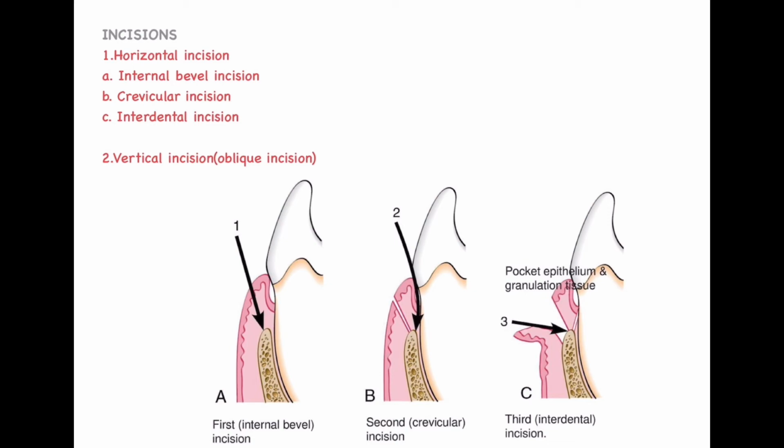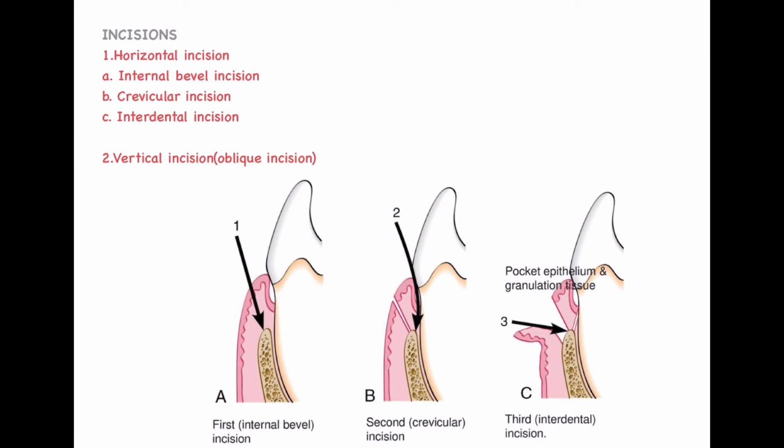These horizontal incisions are further divided into internal bevel incision, crevicular incision and interdental incision. Vertical incisions are always releasing incisions, because after placement of the vertical incision we are completely separating the flap. Therefore they are also known as releasing incisions.